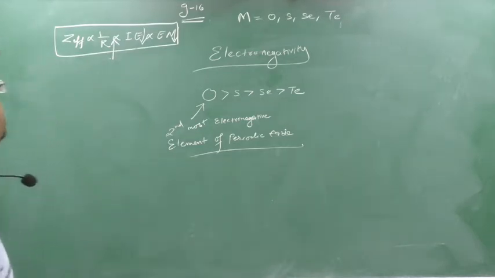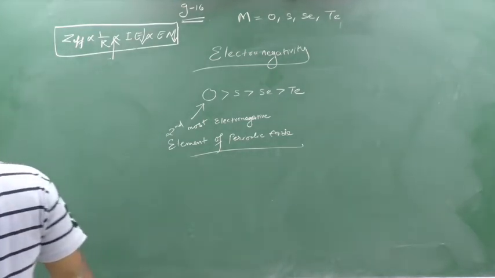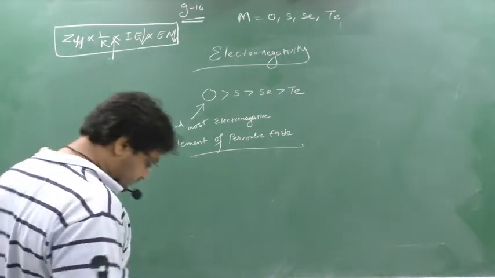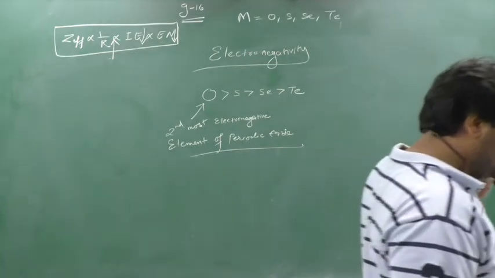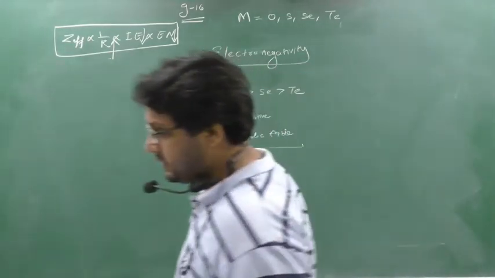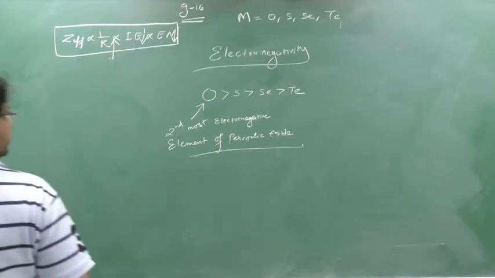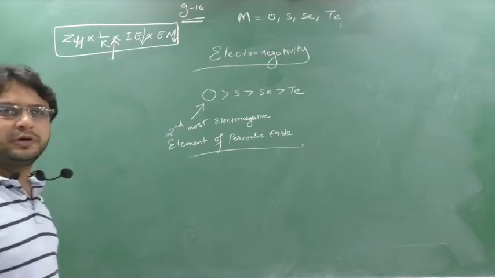Clear? Okay, so you can read from the textbook. Again, you can write down metallic characteristic. You have to remember this. So moving downside the group, metallic characteristic increases, or you can give the reason also due to inert pair effect.